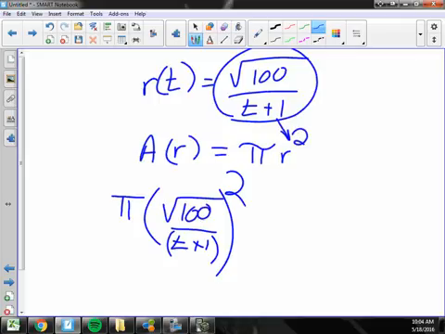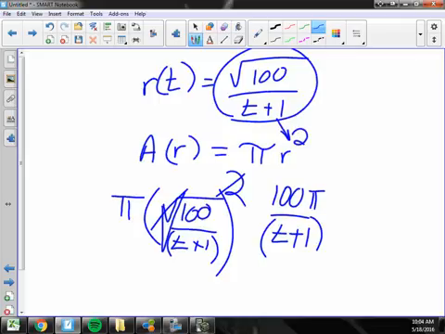Oh, sorry, this square root goes all the way down. So the square roots just cancel, and we get 100 pi over t plus 1. I said t, but it's a pi. So that is the function that will tell us the size of the mole given time.